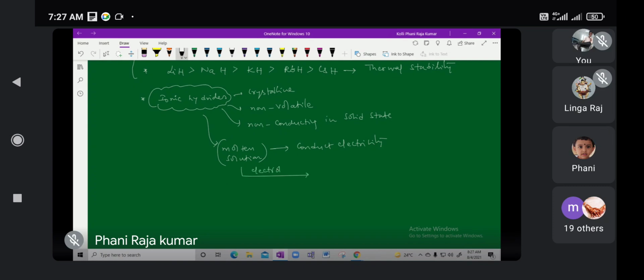On electrolysis of this molten hydride, we get hydrogen gas at the anode. Generally, hydrogen is obtained from H+ ions near the cathode, but here hydrogen gas is obtained from H- ions.